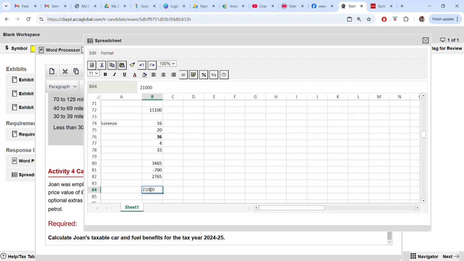So equal to 21,000 minus 5,000. Now, you have to add the cost of extras, that is exceeding 100.